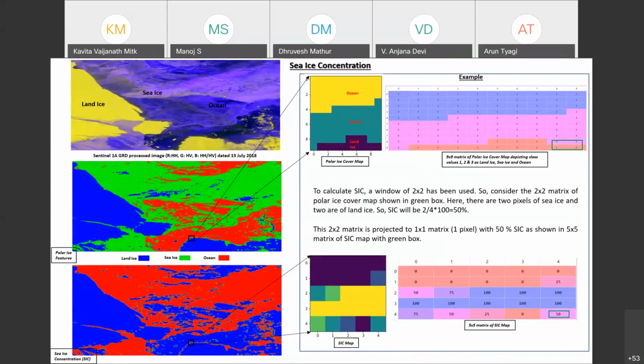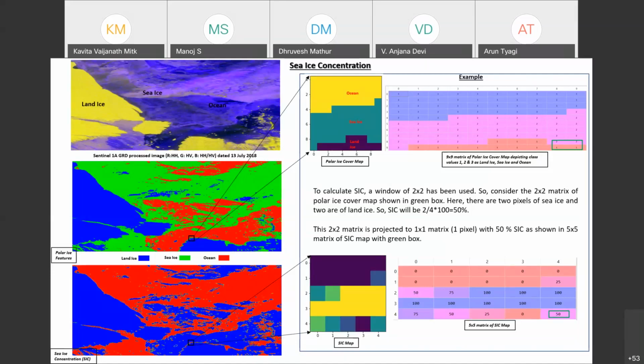If we are not able to break these ice walls with high sea ice concentration, then the ships won't be able to move or proceed further through the leads. And therefore, we have to find out the sea ice concentration, and it is one of the major parameters for generating the navigation maps. There are other factors also, but it is one of the major parameters.